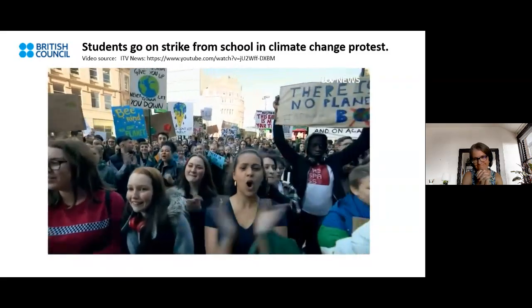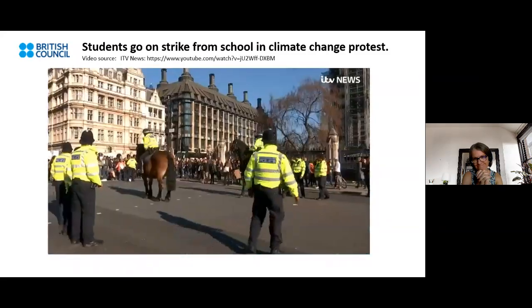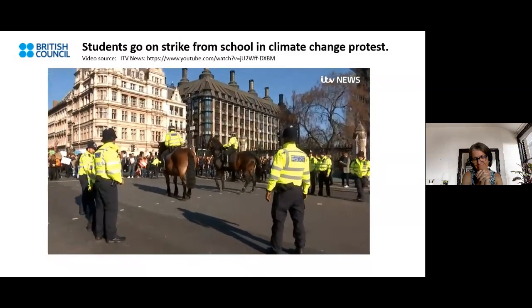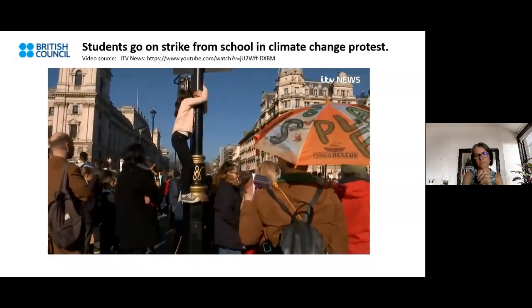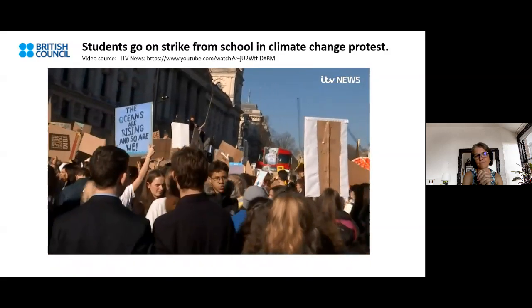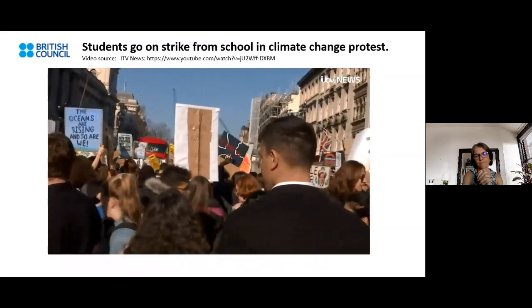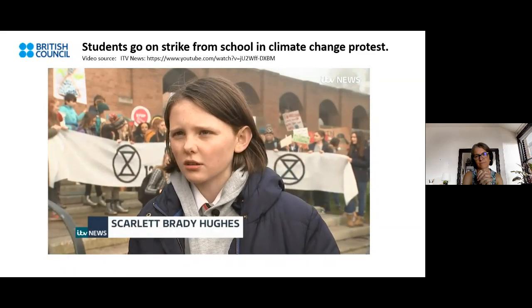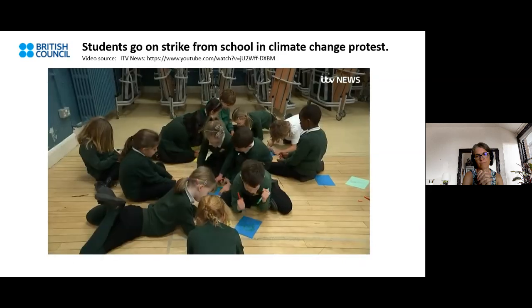And whipping up the crowd in Sheffield. Leading teachers' unions criticised the walkout, saying only under exceptional circumstances should pupils be out of school. And as these young people see it, the circumstances are exceptional. One voice is strong, but thousands is stronger. And we need all the people we can to help us to get the message to the government.